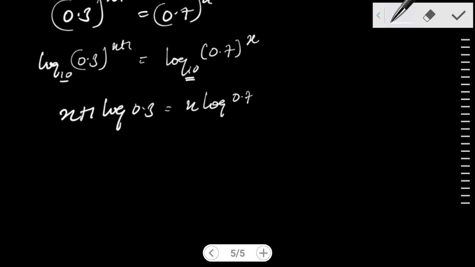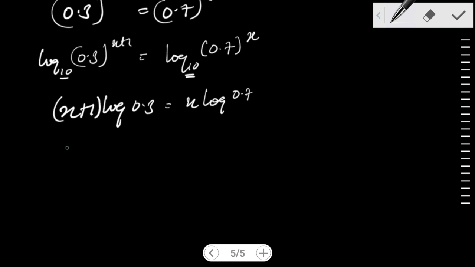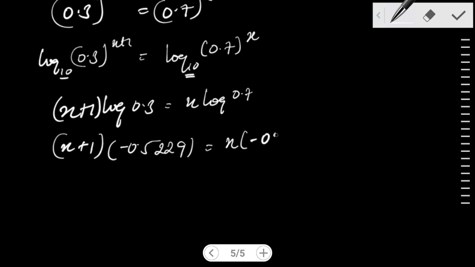So if I work out this and I also work out this, let me put this in brackets. So 0.3, this is going to be x plus 1 into negative 0.5229 would be equals to x into negative 0.1549.